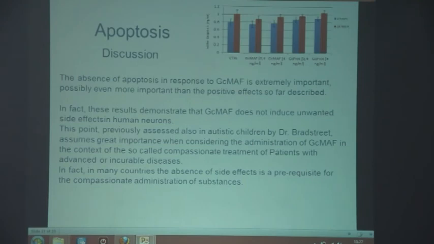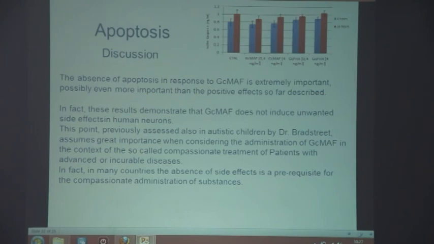This absence of apoptosis in response to GcMAF is extremely important, possibly even more important than the positive effects so far described. These results demonstrate that GcMAF does not induce unwanted side effects in human neurons.